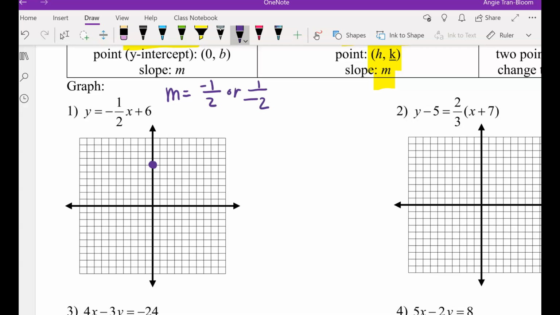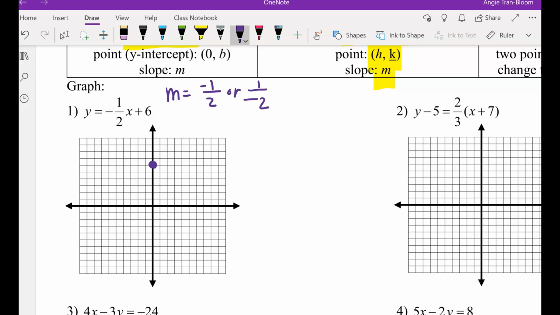So what's your rise, and what's your run? Down 1. When you say over, what direction? Right. Because this is your negative, you're going to go down 1 to the right 2. If I use positive 1 over -2, what direction are you going? Up 1 and to the left.